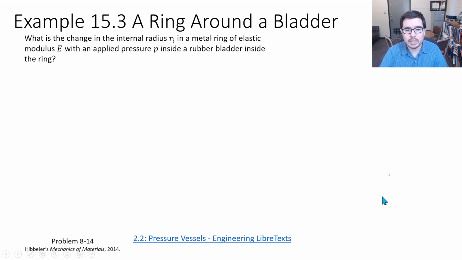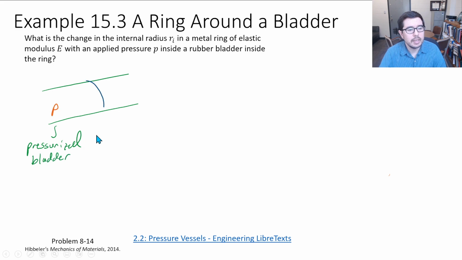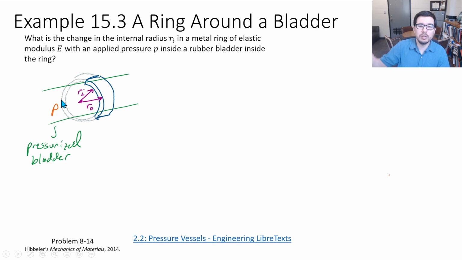What we have is a bladder, and a ring that's placed around it. So this ring is metallic. It has a significant elastic modulus, E. And this bladder, it's kind of rubbery. For the purposes of our assumptions here, it just goes along for the ride.